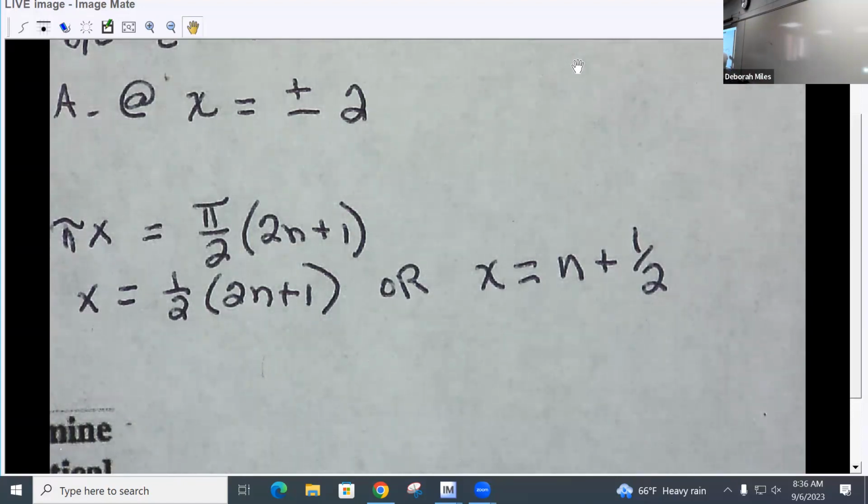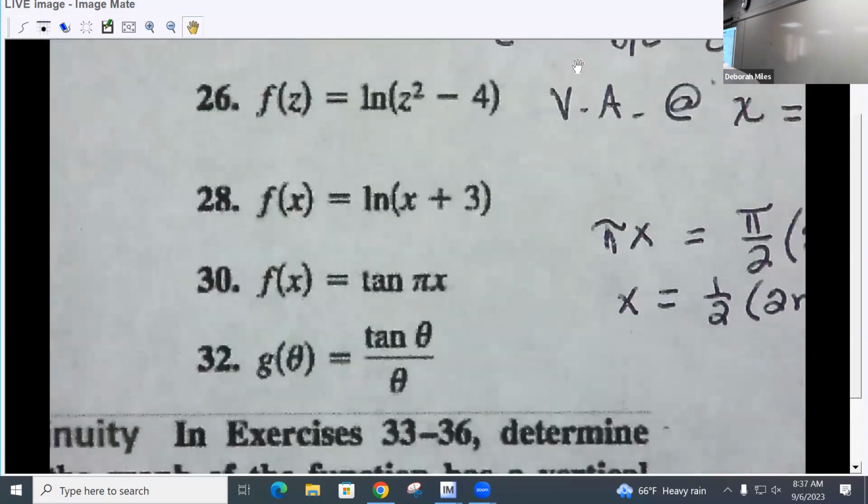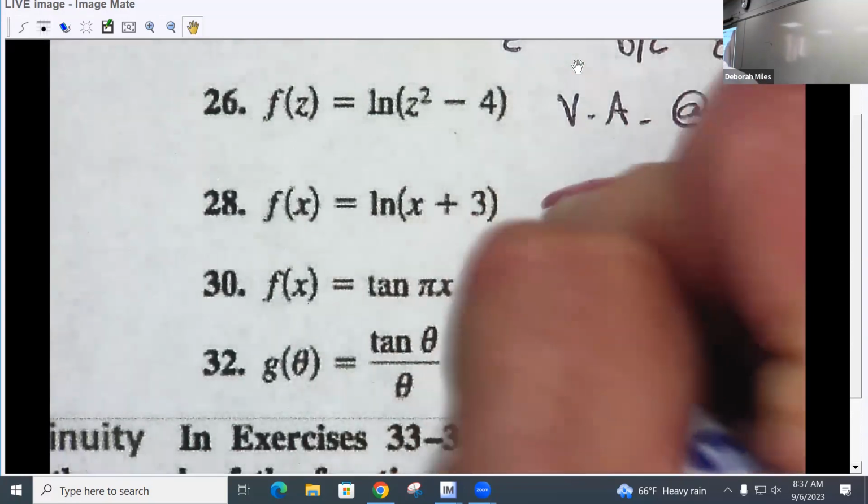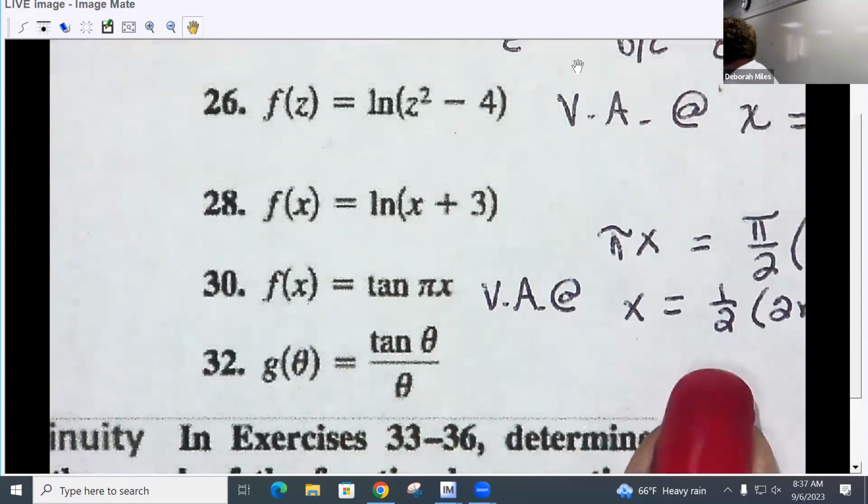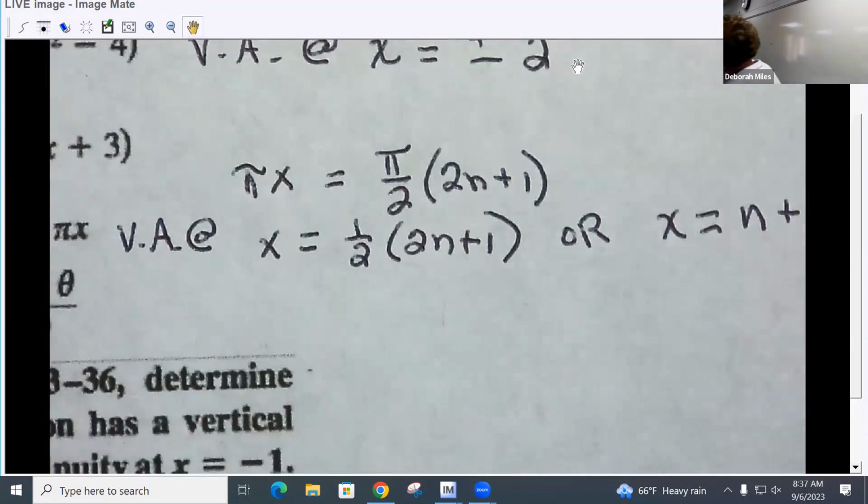Just look at it and ask, are these two things the same? If I distribute the 1/2, that's what I get. So maybe that's simpler. Any whole number plus 1/2 would give you a vertical asymptote. So I can say vertical asymptotes have either one of these two forms.